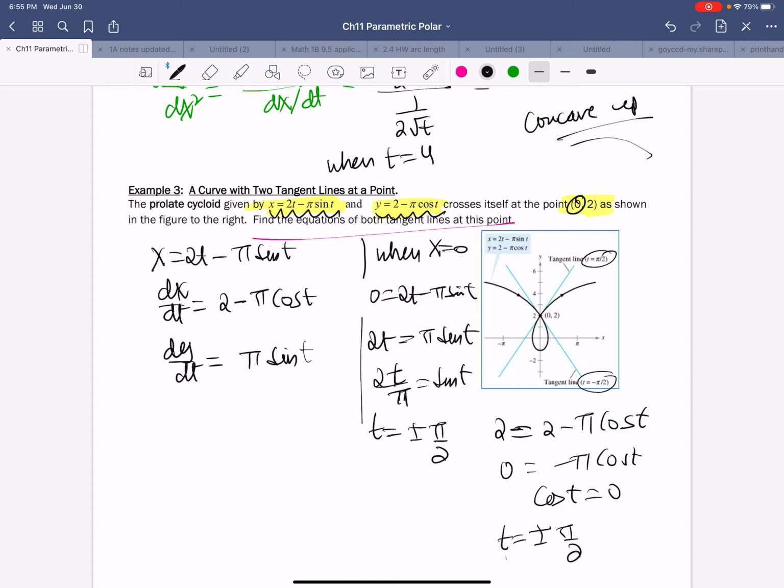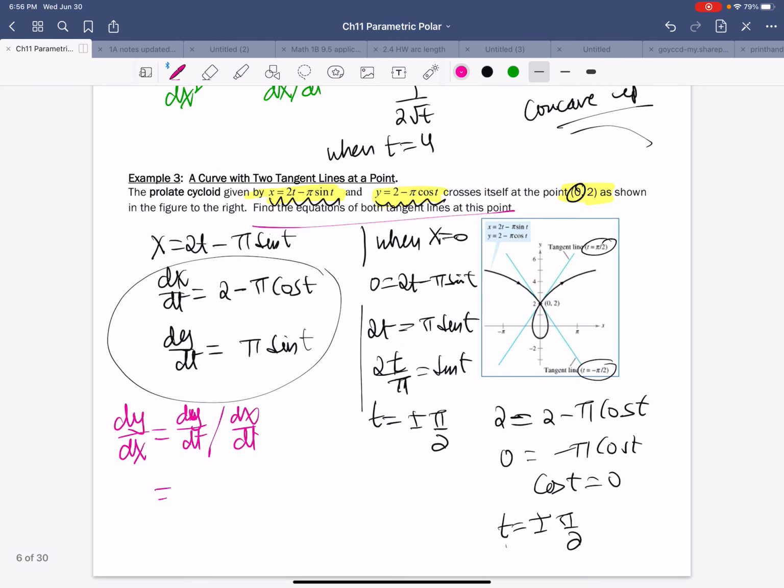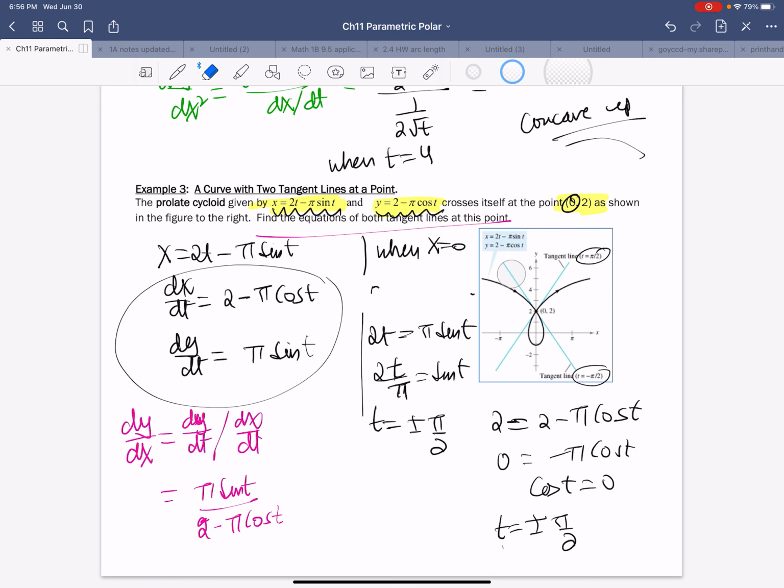All right, so now we are able to find our derivative, the slope of the tangent line, by doing dy/dx equals dy/dt divided by dx/dt. We'll plug in the value of t to evaluate the derivative. dy/dt over dx/dt is pi sine t over 2 minus pi cosine t.